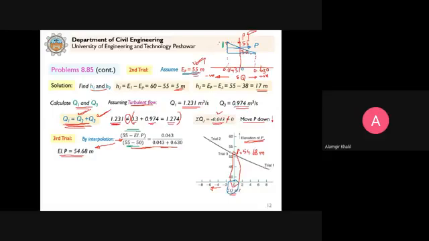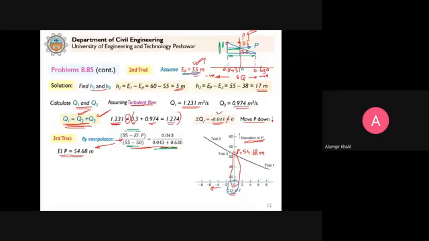So 55 minus 50 is this distance here. This is equal to 0.043. What is 0.043? This distance. Divided by 0.043 plus 0.630, it is this distance from here to here. You add these two, this is what we get from here to here.